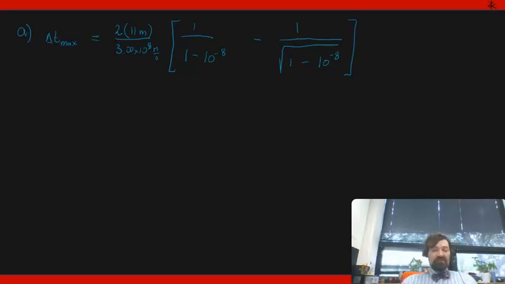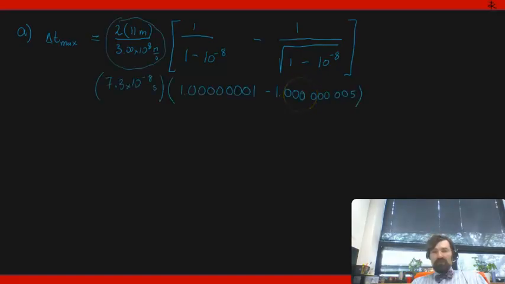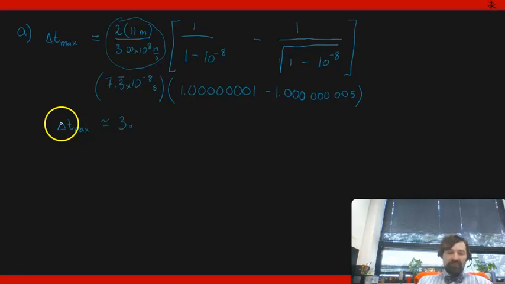You can throw all that into your calculator. I'm giving intermediate values because this one is going to get recycled for the next part B problem. If you multiply all this out, what you get is a delta T max of about 3.66, repeating, times 10 to the negative 16 seconds.